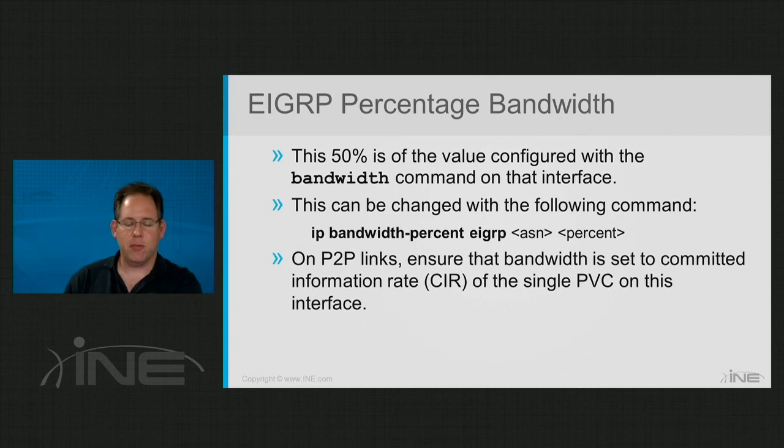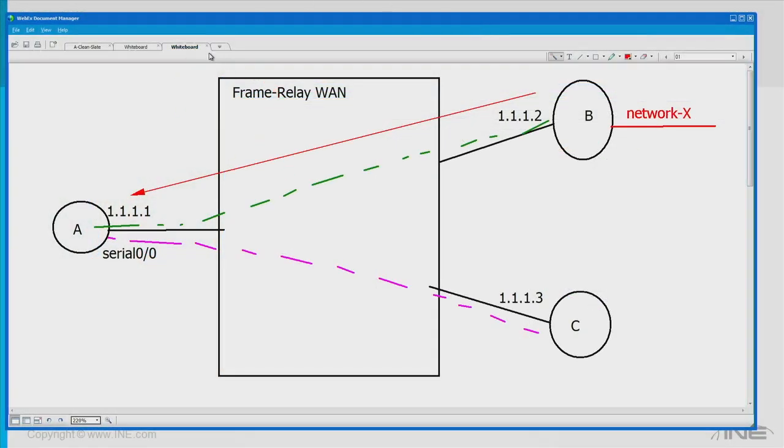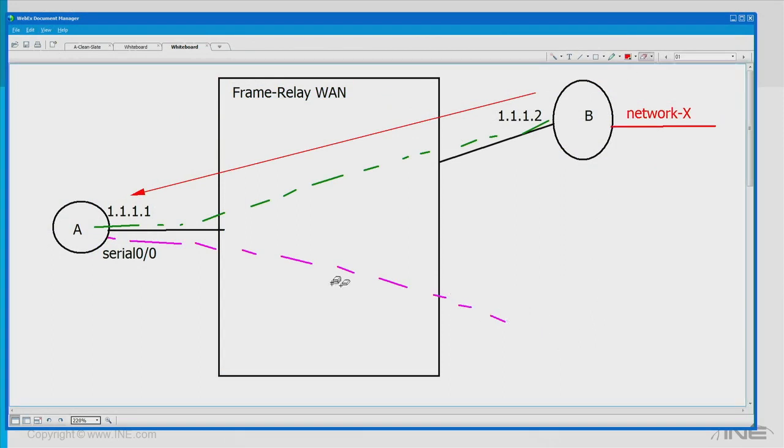So look at this last bullet point. On a point-to-point link, imagine this for a moment. Let's draw this. Let's just get rid of router C here for a second and say we just have a point-to-point Frame Relay connection between A and B. Let's say that this actual physical serial interface is a T1.